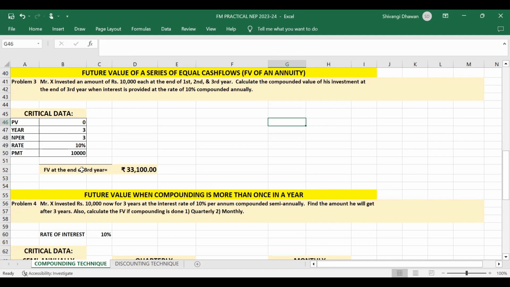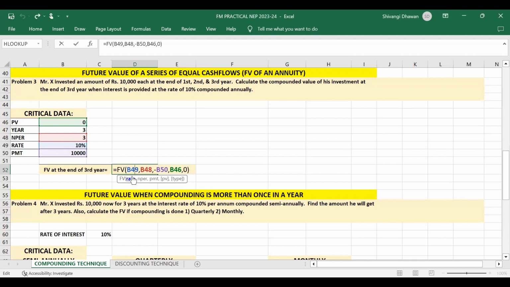Future value at the end of third year will be calculated again using the future value function. So we activate FV, and again it will ask us five different items, that is rate, number of period, PMT, that is the constant payment, present value, and type. Now here type is of crucial importance because type will define whether the type of annuity is ordinary or annuity due.